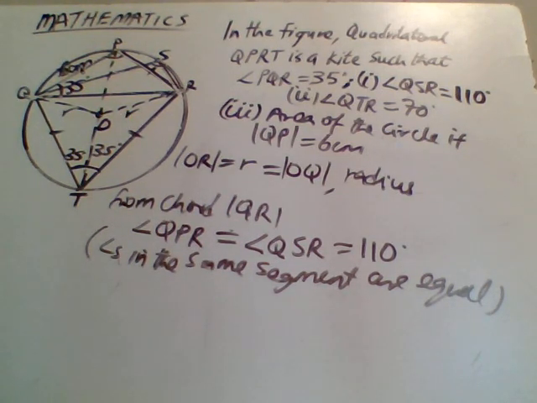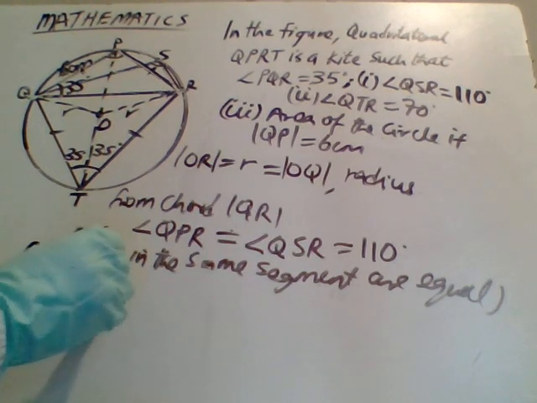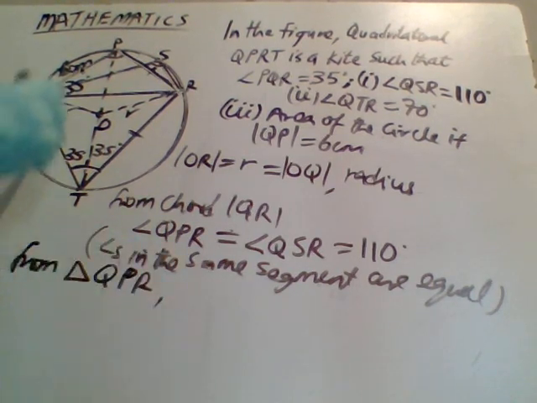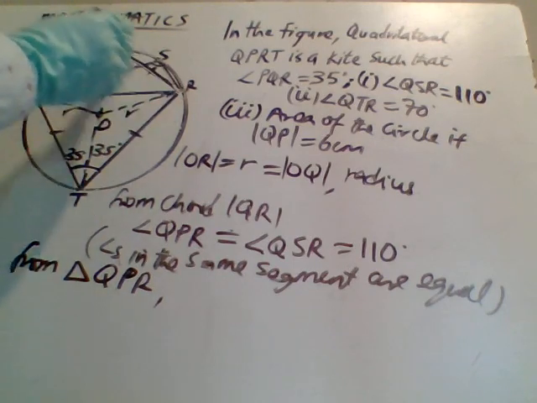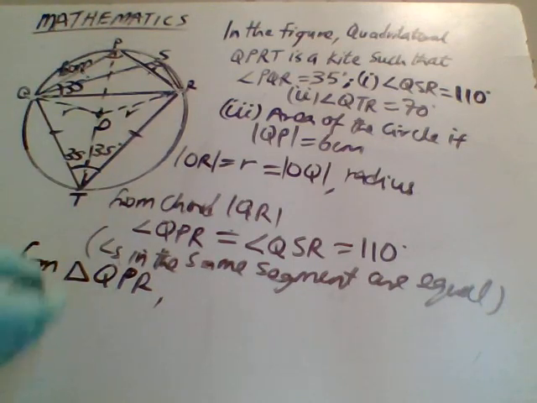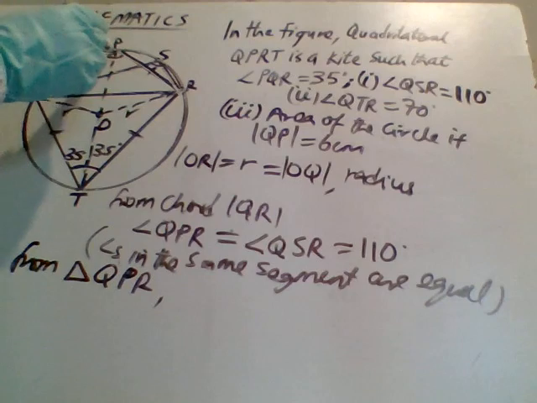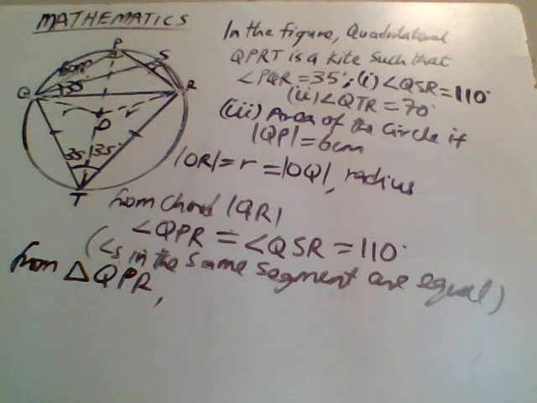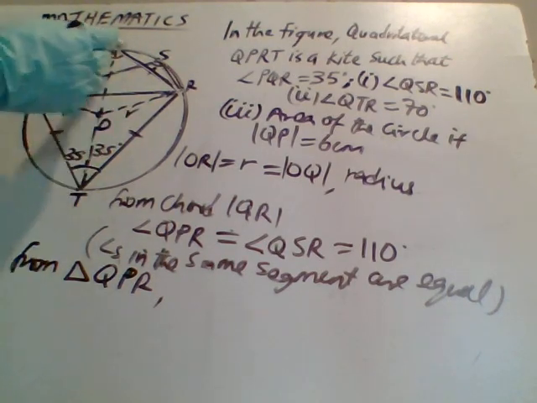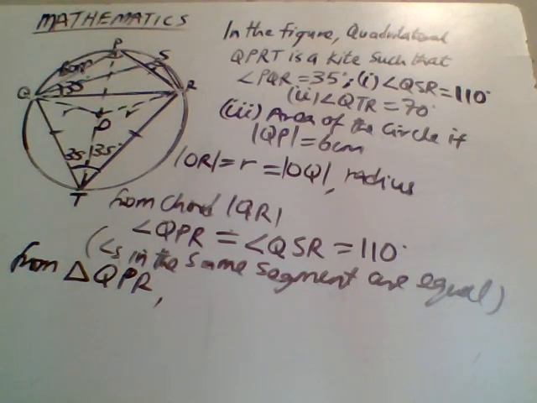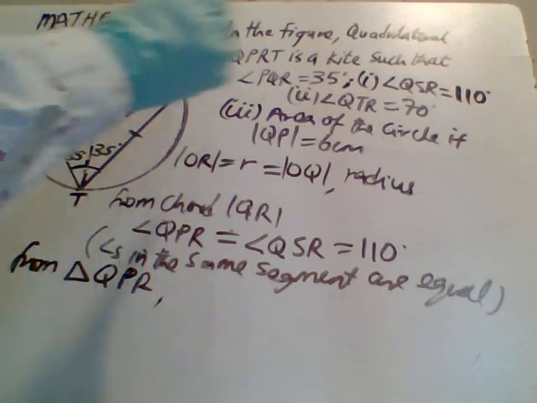We can now find length QR, can't we? So from triangle QPR, know that this side is equal to this side, as we have said before. This side here, QP is equals to RP. They are a kite, so which means PR is also 6 cm. So we can use the cosine rule to find QR.